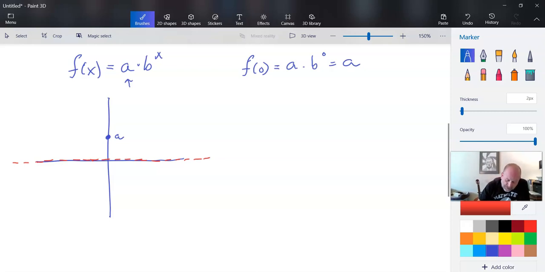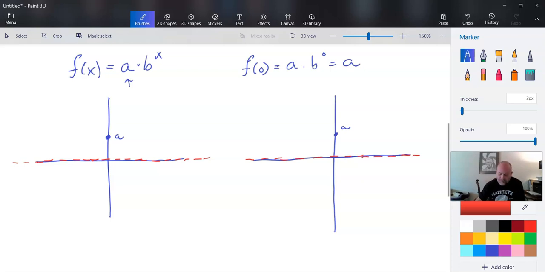Now, with those two things, the only other thing to decide. In fact, I'm going to draw this twice because there's two different basic graphs that we could be looking at. And there's two cases. Both of them have the same y-intercept. Both of them have the same asymptote, and the asymptote is at y equals 0.